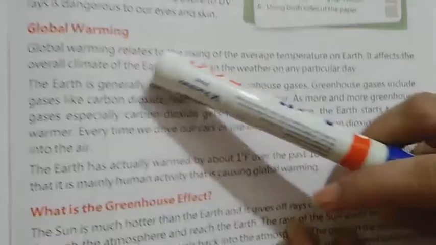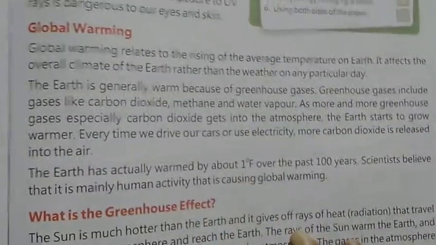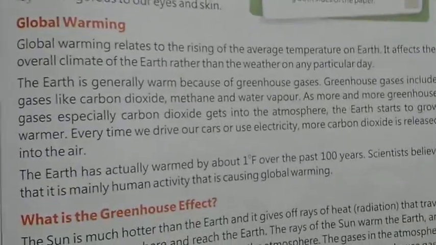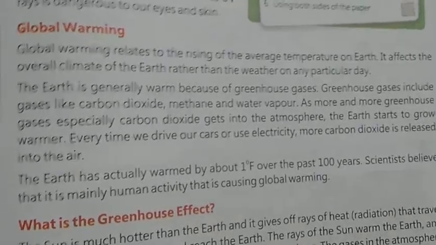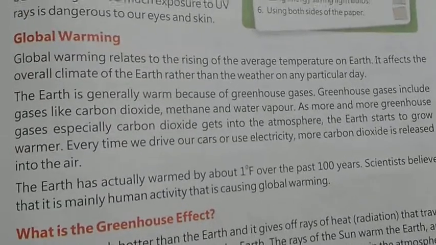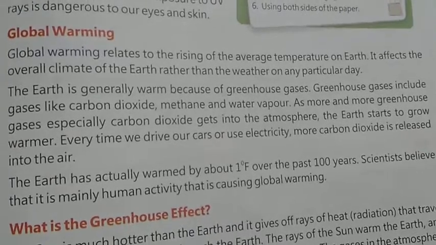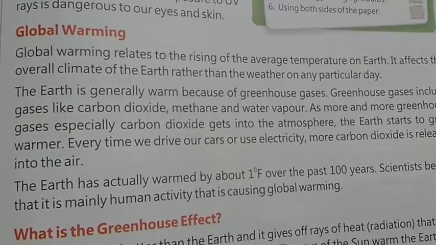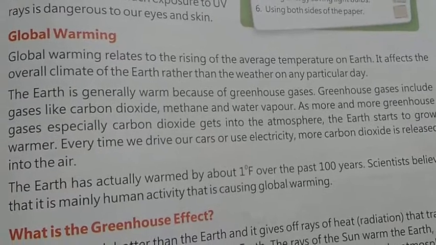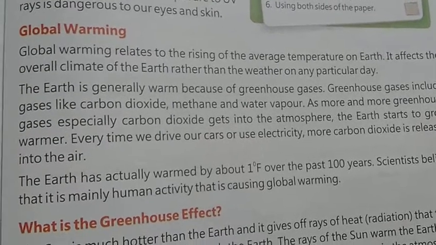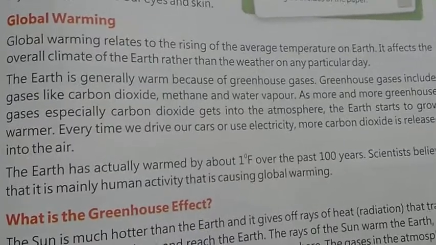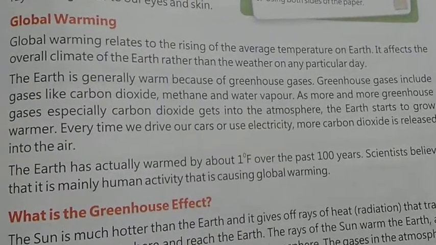So, global warming relates to the rising of the average temperature on Earth. It affects the overall climate of the Earth rather than the weather on any particular day. The Earth is generally warm because of greenhouse gases. Greenhouse gases include gases like carbon dioxide, methane, and water vapor, as I told you before.